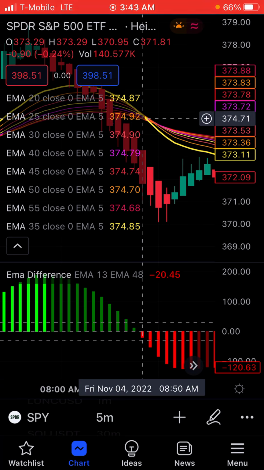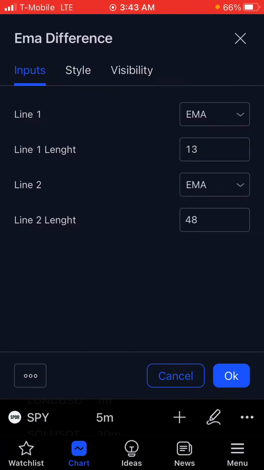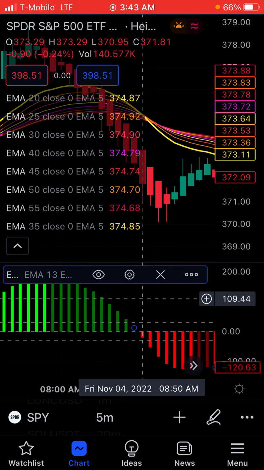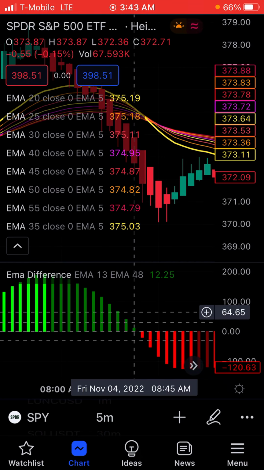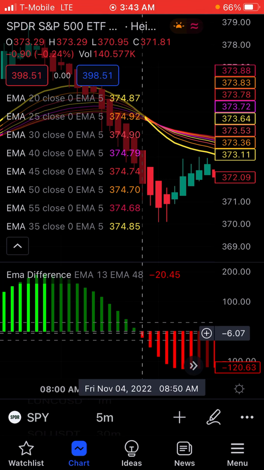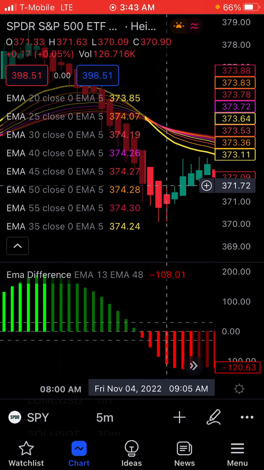That will be your first confirmation. Your next confirmation will be your EMA difference, which you're going to make a 1348. You're going to wait to see the first one be either a little red or green. In this case, red, and that signals a downtrend.